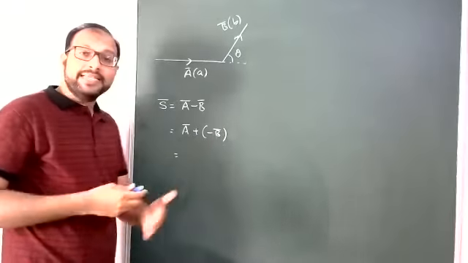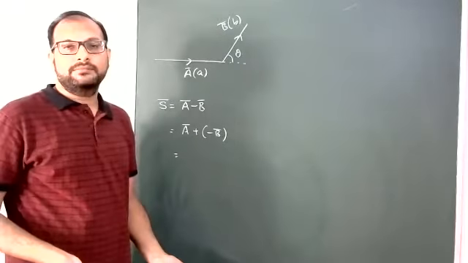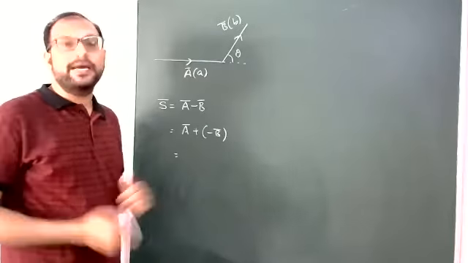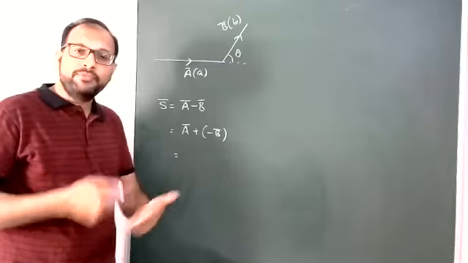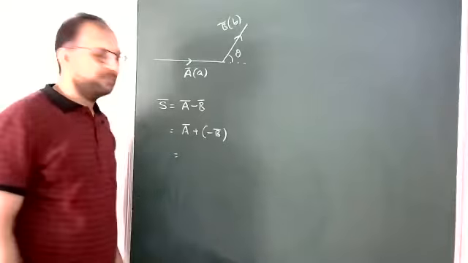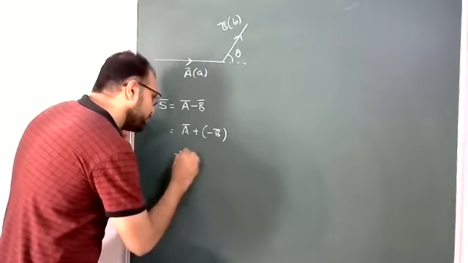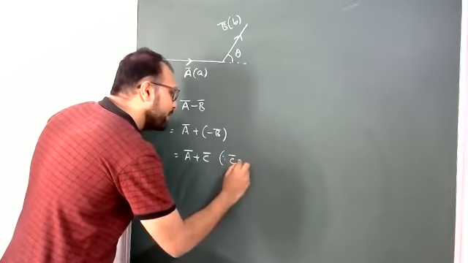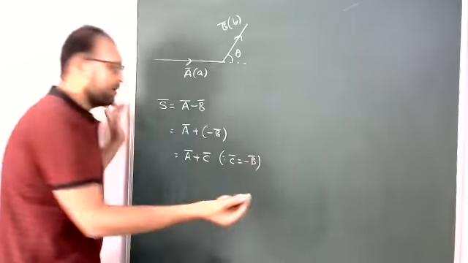Because, students, minus B bar is one more vector. Minus B bar is the negative of B bar, and the negative of one vector is one more vector. So that's why here I am assuming A bar plus C bar, where C bar is minus B bar, right?